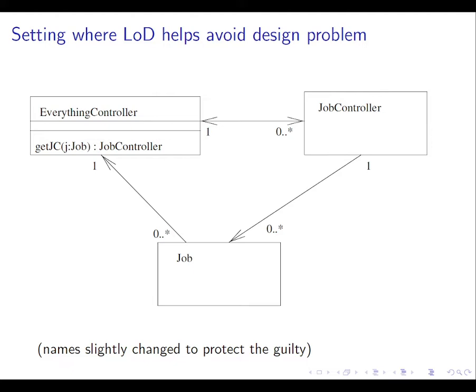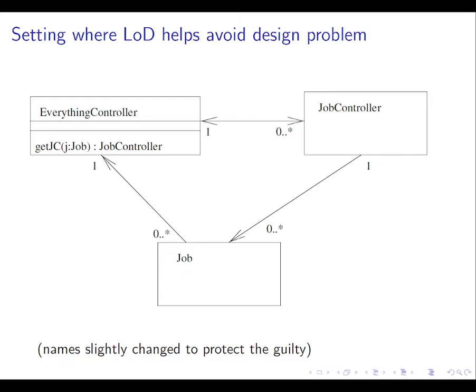However, it sometimes turned out that an individual job needed to know which job controller was controlling it in order to send the job controller a message. But because the designers were so proud of only having one two-way navigable association, they didn't want to make that association between job and job controller also be two-way navigable.